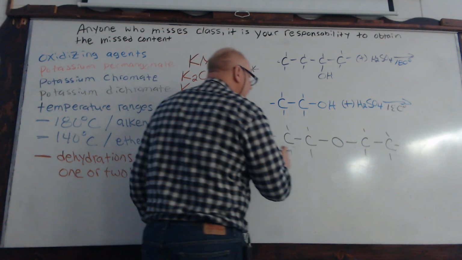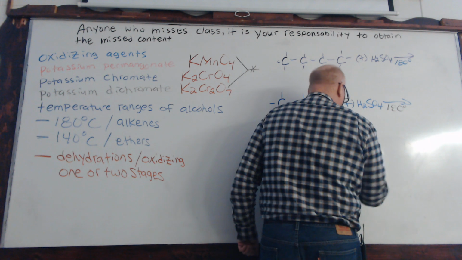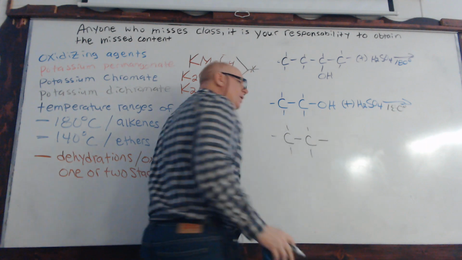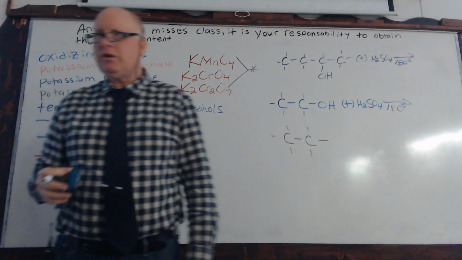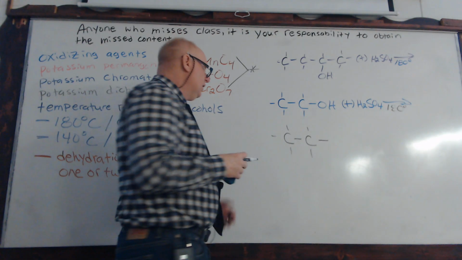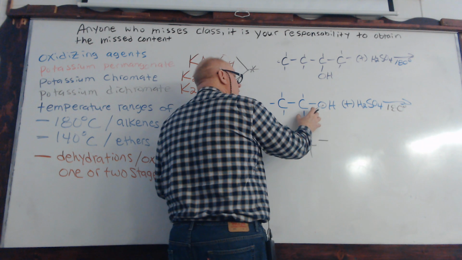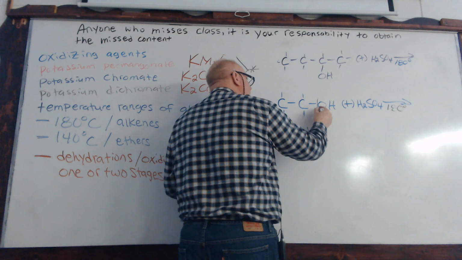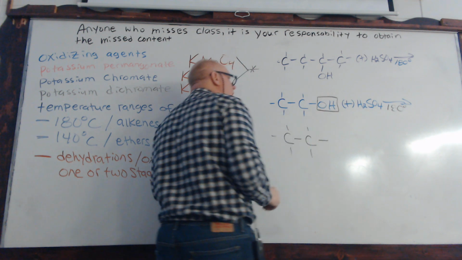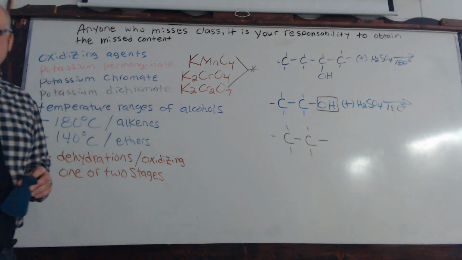So what did it say about what gets removed when we're talking about dehydration? You're going to remove water. So if we had this over here, notice this would get stripped off of there, so there's half your molecule for water. What would we possibly be missing?